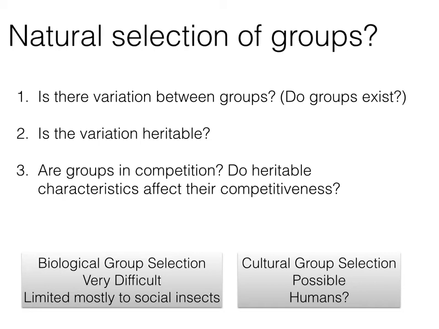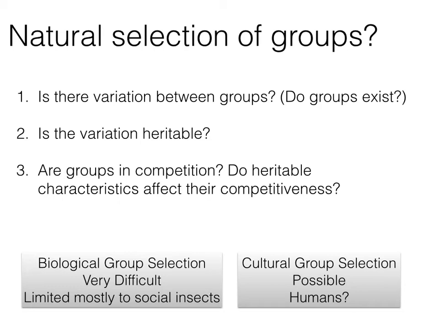Biologically, we know group selection is very, very difficult, and mostly this is because there is so little or no variation between groups that group selection is not possible because there's nothing to select between. When individuals migrate between groups, they take their genes with them, and essentially there's no genetic variation between groups of most species.